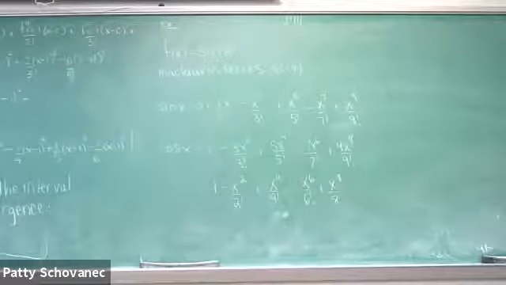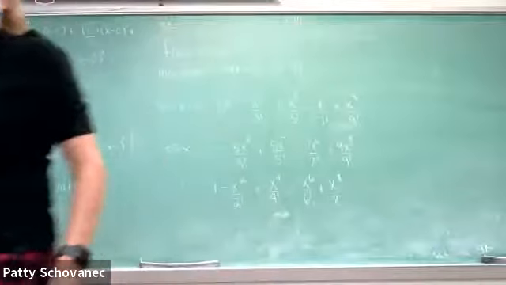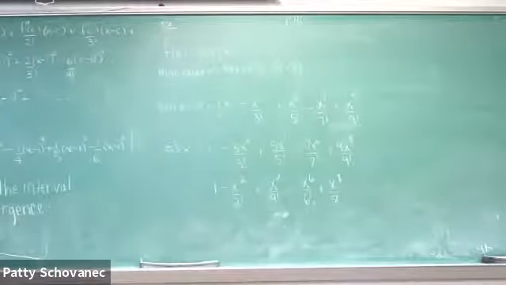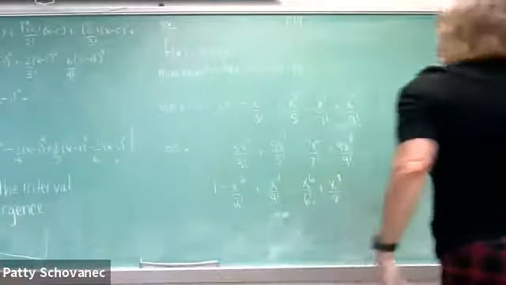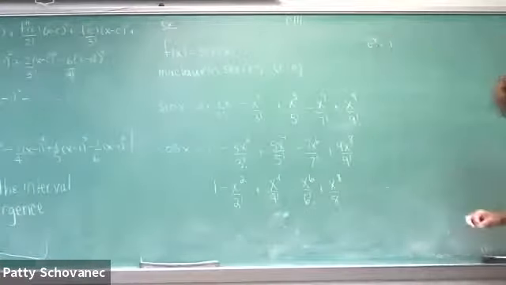Did we do the Maclaurin series for e to the x? Well, let's do it in our head. What's every single derivative of e to the x? Yes. Evaluate every single derivative of e to the x at 0. One. And now let's fill it into the formula. Every coefficient is going to be a 1, right? Divided by whatever factorial that the power is. So the Maclaurin series for e to the x, f of 0 is 1.